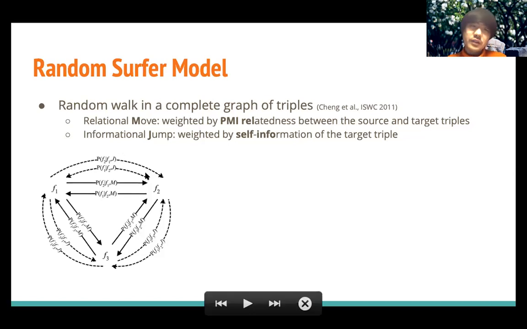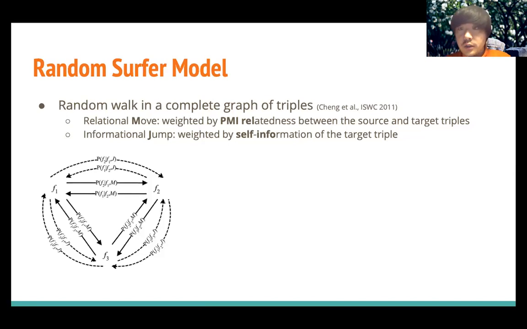And we consider a surfer that does some kind of random walk in this graph. Just like in PageRank, the surfer can have two types of actions. First, the surfer can move from one node to another along an edge, right? And the second type of action is that the surfer can randomly jump from one node to an arbitrary node.